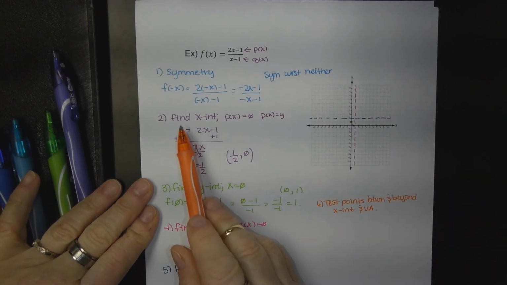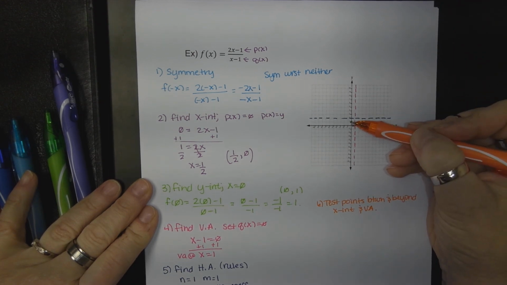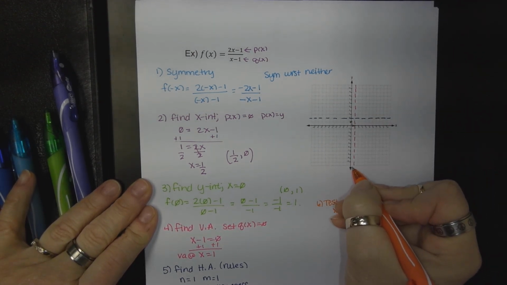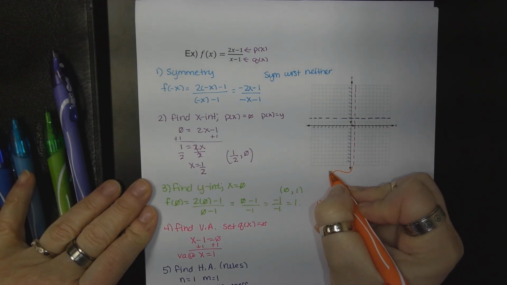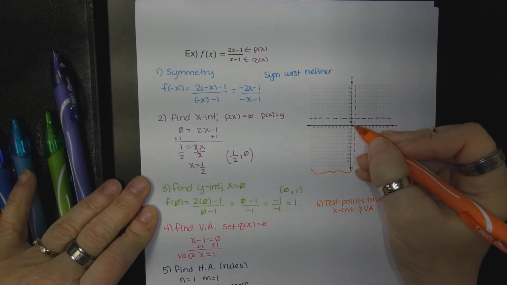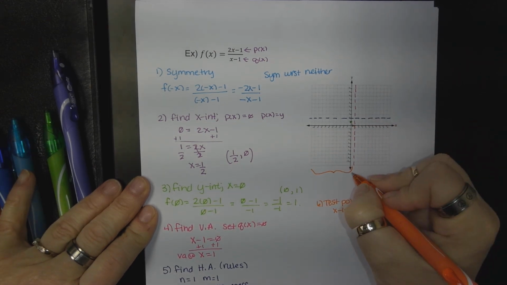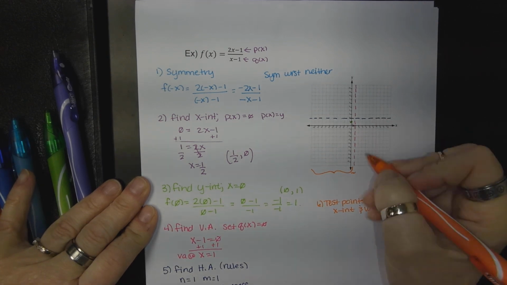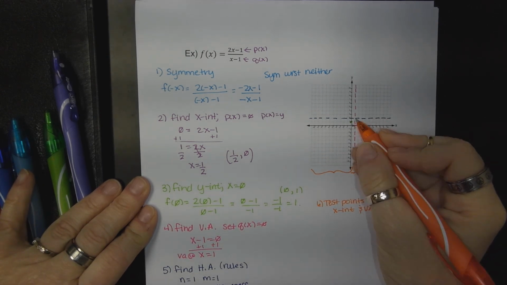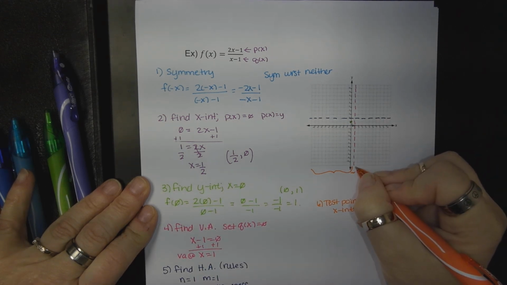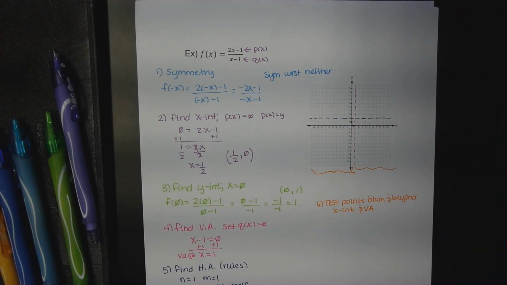Well, it was 1/2. So we're going to go beyond 1/2. We're going to look for one here. Then we have to find one between 1/2 and 1. There's one little section right here that we're going to have to do. And we're going to have to go from our VA, which was 1. So we're going to have to do one from 1 on out.